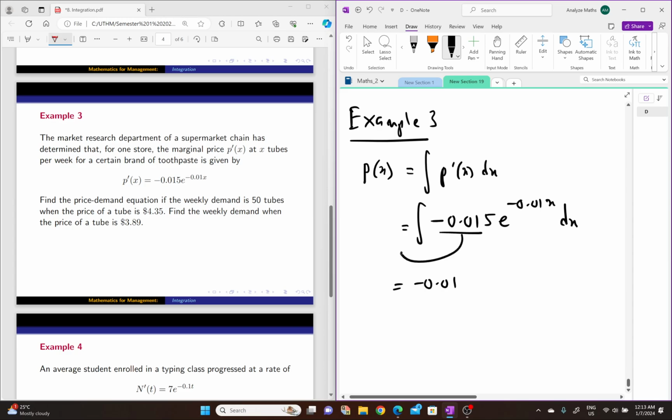You can bring this number outside, or you want to keep inside also can, because the one I'm going to integrate is only this one. This is just a coefficient.